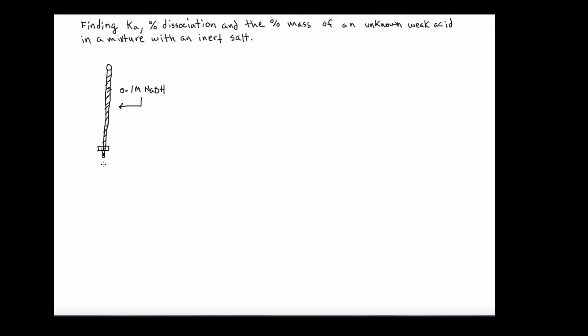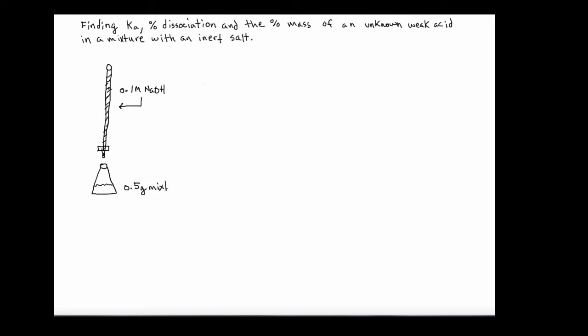We're going to have a collection flask here, and in the collection flask we will mass out a certain amount of the weak acid mixture. Usually this is going to entail somewhere around a half a gram of a salt.